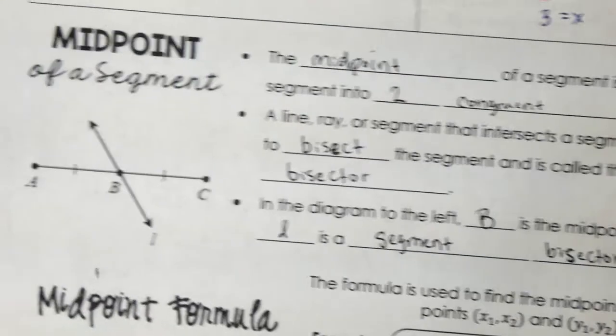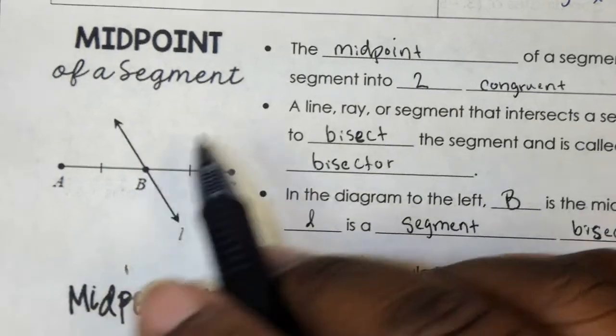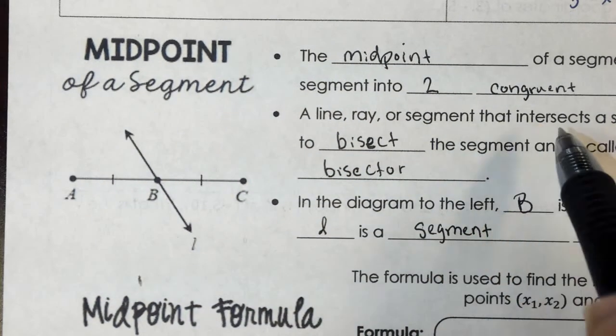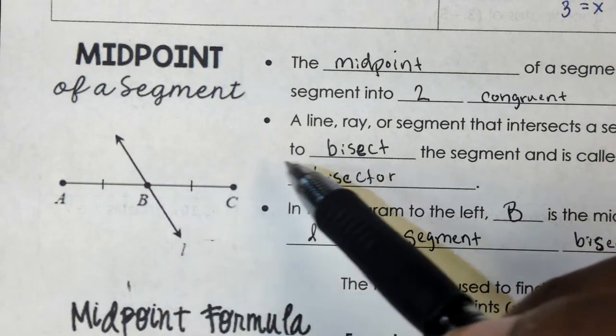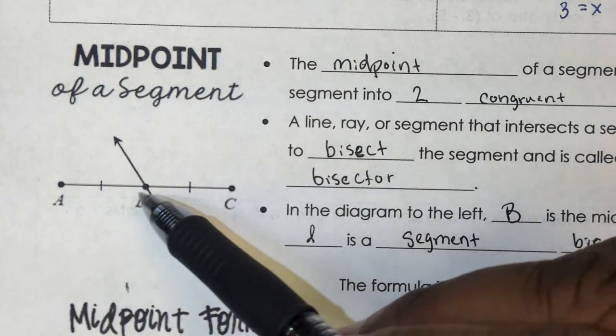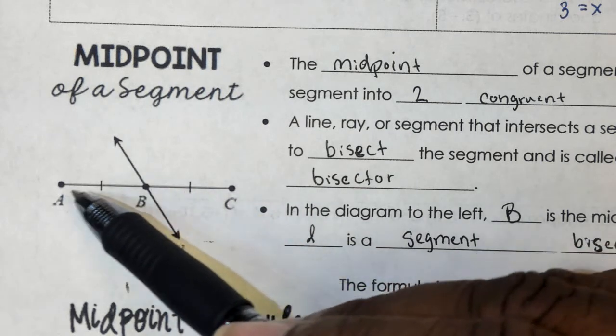So they're showing this scenario out here to the left. And they say a line, ray, or a segment that intersects another segment at its midpoint will cut it in half. And so they're showing this to you too.